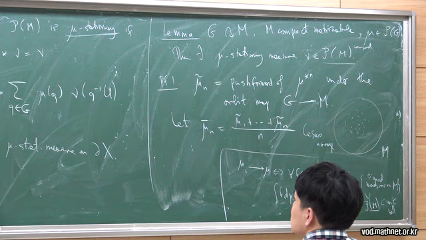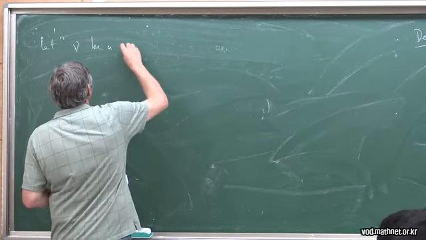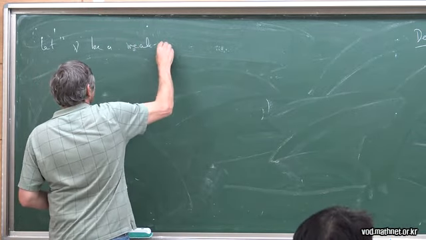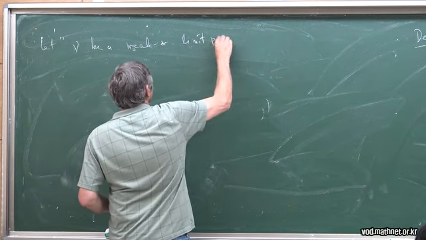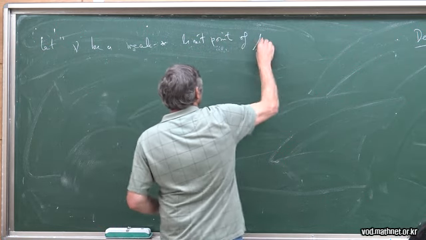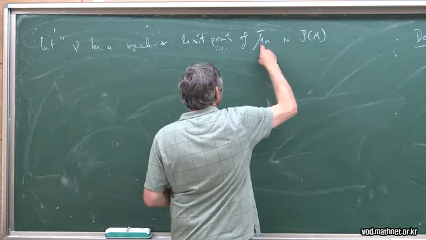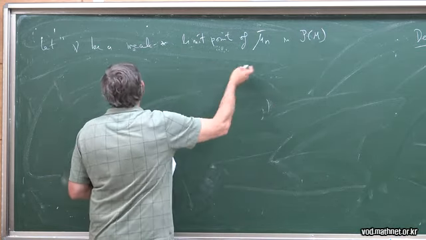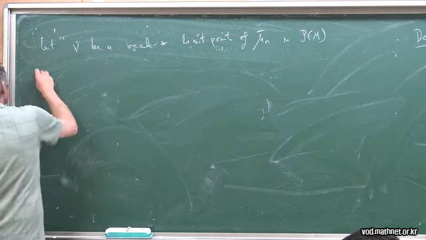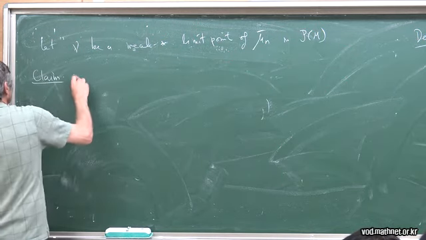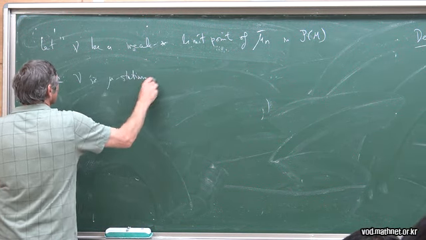Let mu be a weak star limit point of these mu n bars in P of M. So some subsequence will converge in that sense to some measure that we'll call mu. And now the claim is that mu is in fact stationary. Why is that?